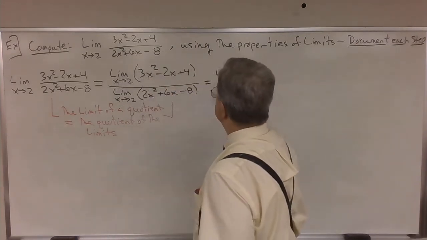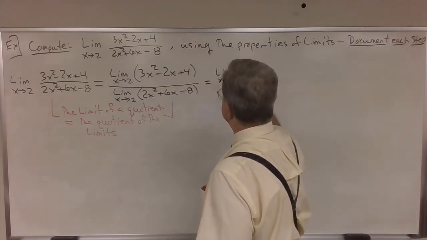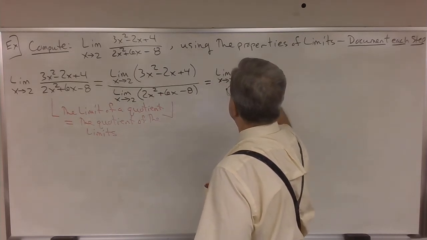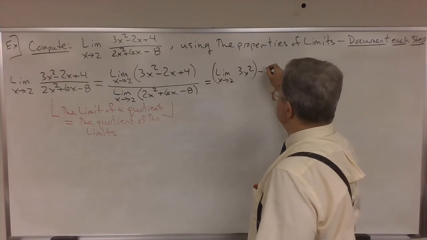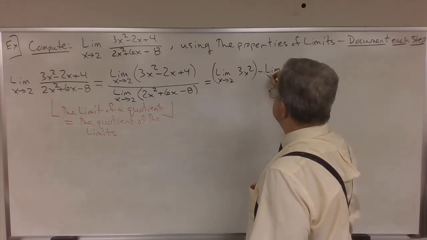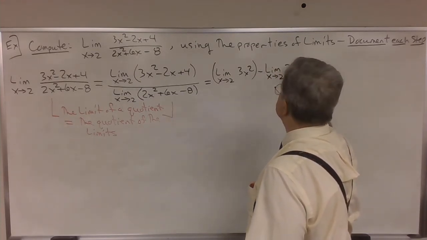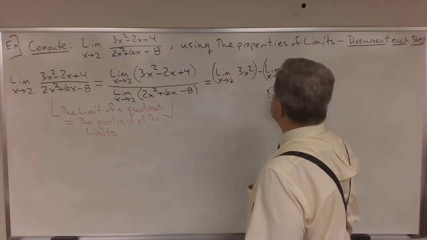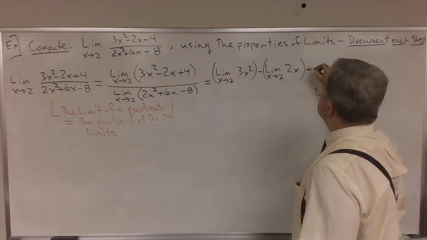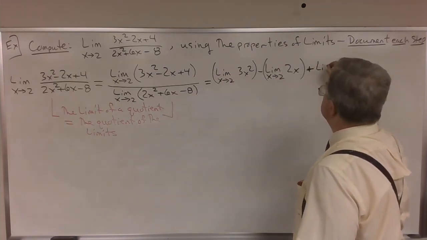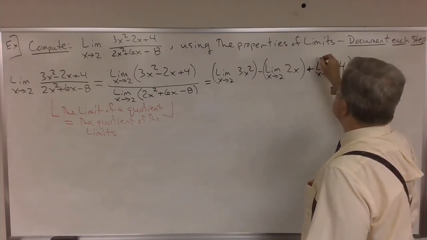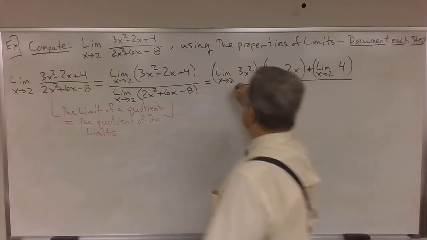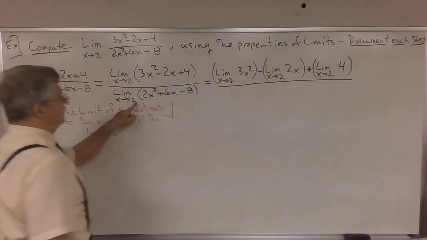Limit of the first term minus limit of the second term plus limit of the third term, and we do the same thing for the bottom.